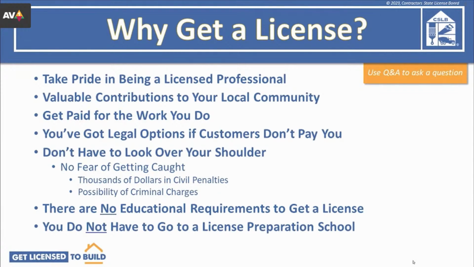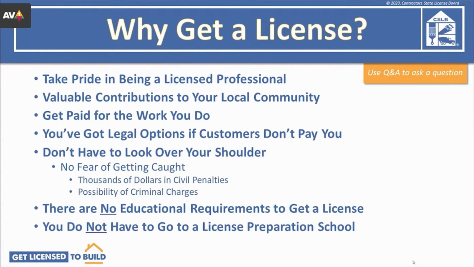Next, you don't have to look over your shoulder with fear of getting caught. Contracting without a valid California license can lead to misdemeanor charges. Those caught face a first offense sentence of up to 6 months in jail and or a $5,000 fine and potential administrative fines anywhere between $200 and $15,000. Subsequent violations can result in increased criminal penalties and fines.